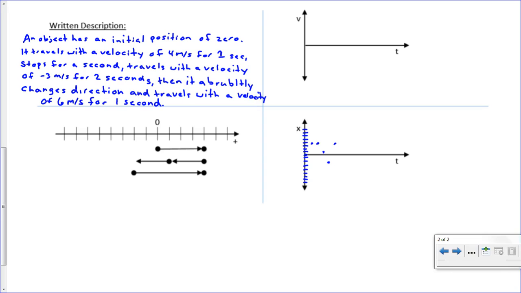So this one looks like this: up and then over and then down and then quickly back up. I'm going to fix this line here. Sorry, it's bothering me.